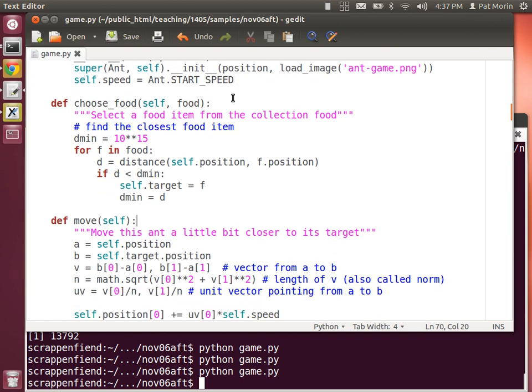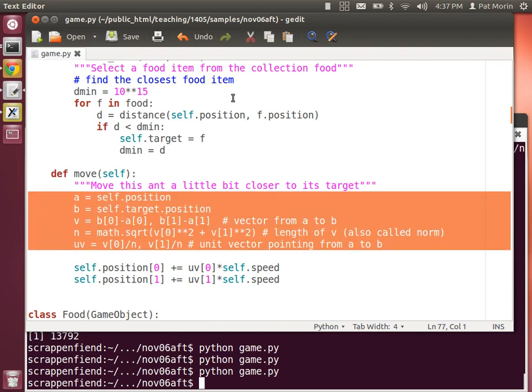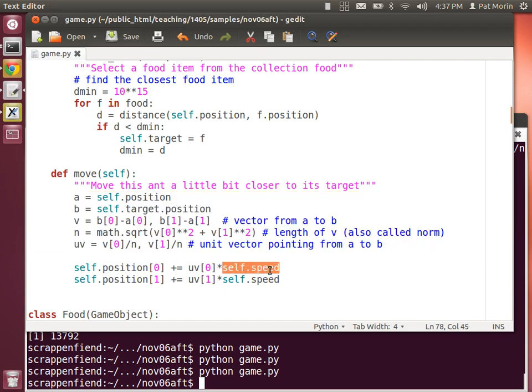Not only can they do all those things, but they're also able to choose food from a list of food, or some collection of food, and they're able to move. Once they've chosen food, they're able to move towards it. And this is this move that does this trick of computing a unit length vector that points from the ant towards the food, and the ant takes basically a step along this direction. The length of that step is controlled by the ant's speed.